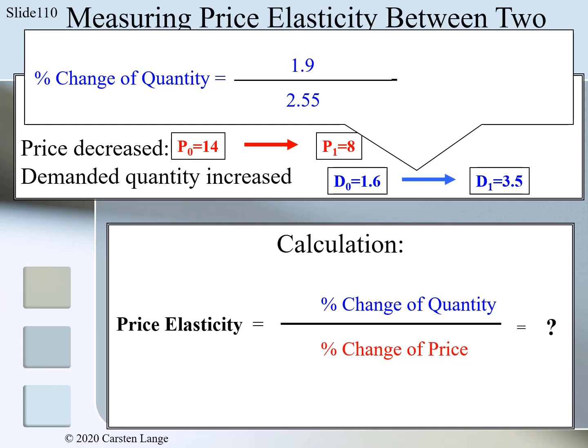By dividing 1.9 by 2.55, the result is 0.7451. To turn this into a percentage value, we have to shift the decimal point 2 digits to the right, and the result is 74.51%. We substitute this value into the price elasticity formula and then calculate the percentage change of price.